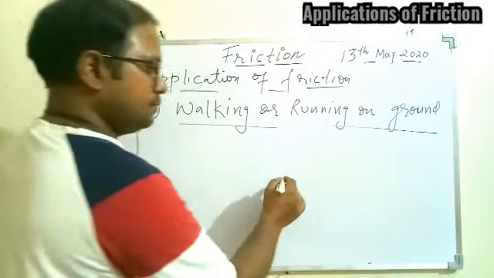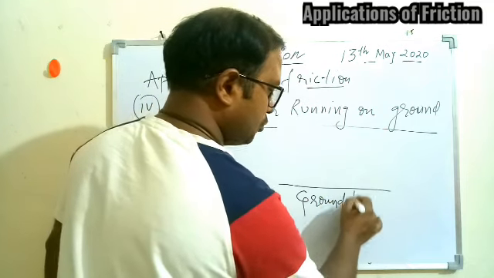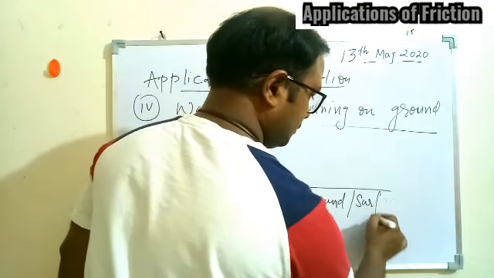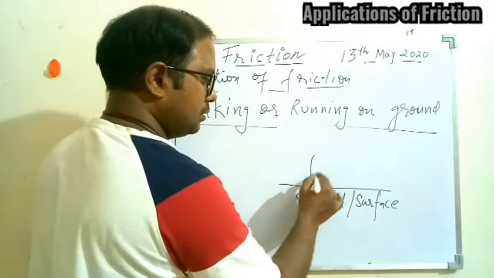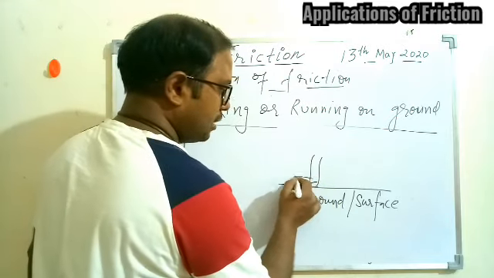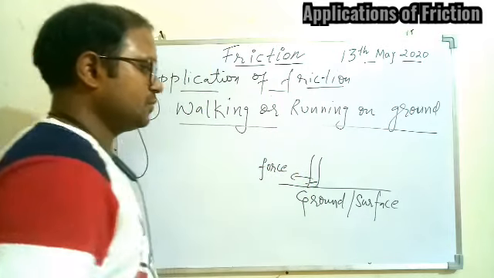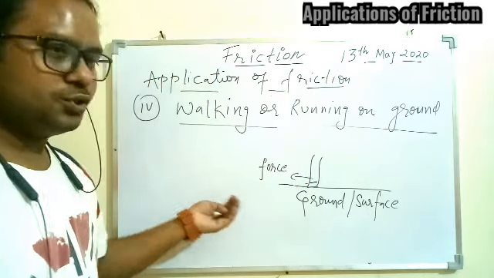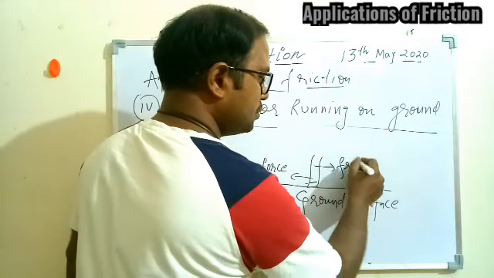So the concept is the ground we have or the surface we have on which we are walking. So when you basically try to walk, what happens here? You are basically giving backward force. So you give the backward force to the ground, and because of this you get the forward friction.